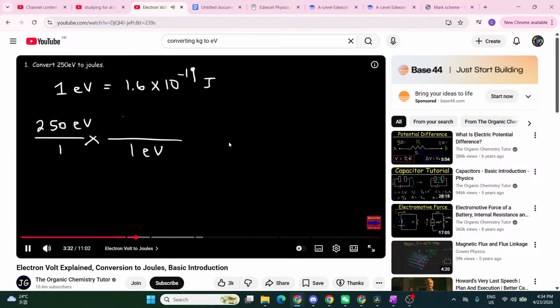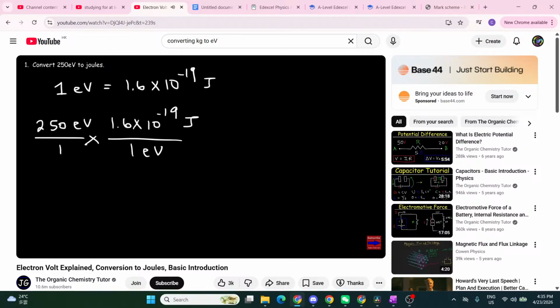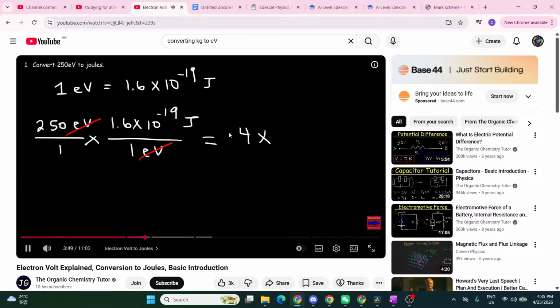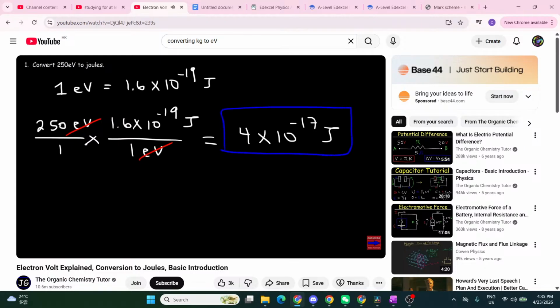I'm going to put the unit 1 electron volt on the bottom, and on the top I'm going to put this. These two will cancel, and then it's simply 250 times 1.6 times 10 to the negative 19. So in this example, it's 4 times 10 to the negative 17 joules. That's a simple way in which you can convert electron volts to joules.